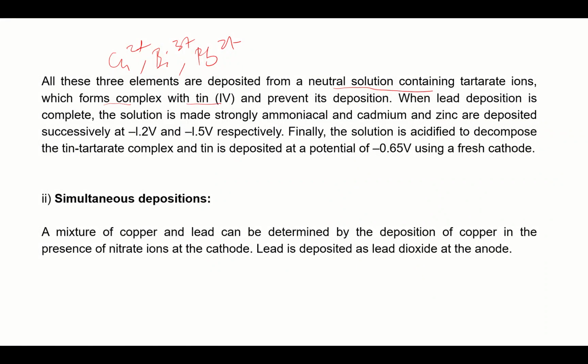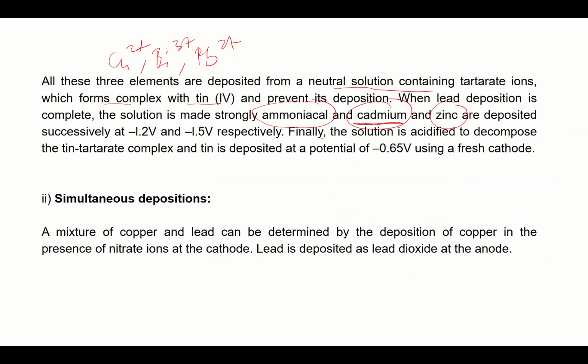It's a very complicated reaction, but what I'd like to tell you is that you can do a successive deposition of elements or metal cations using this constant potential. At the end you will deposit cadmium in a different chemical environment, and also zinc.